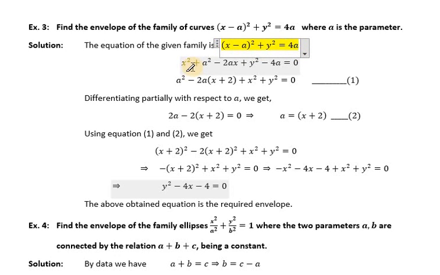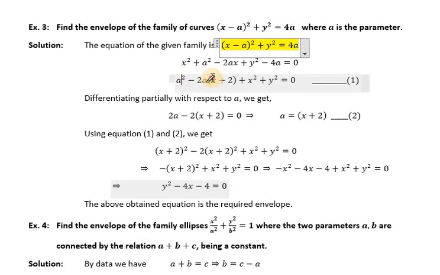So we get x square plus a square minus 2ax plus y square minus 4a is equal to 0. Further rearranging the terms, a square minus 2a into x plus 2. See, we have taken 2a outside among these two terms. So a square minus 2a into x plus 2 plus x square plus y square is equal to 0.